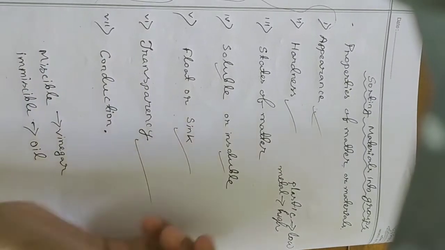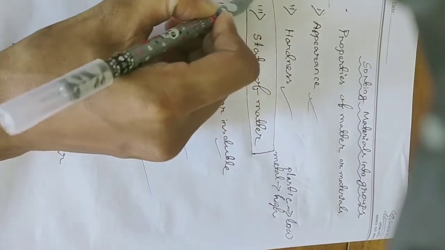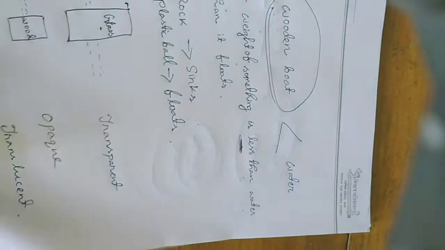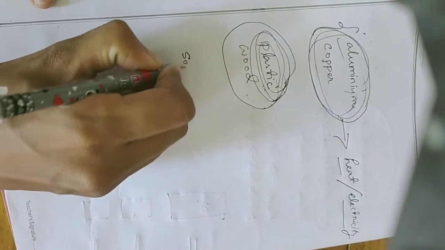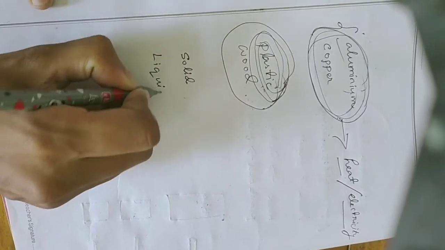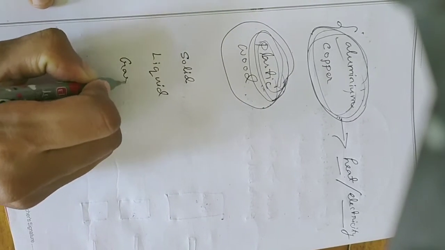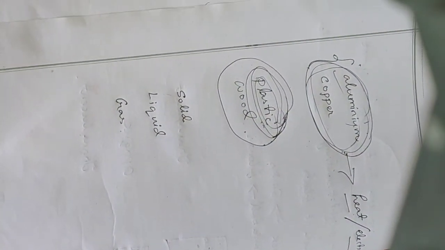Now let's go to the third point, states of matter. As we have discussed, matter has three states: solid, liquid and gas. To make you understand better, now let's go to the book.